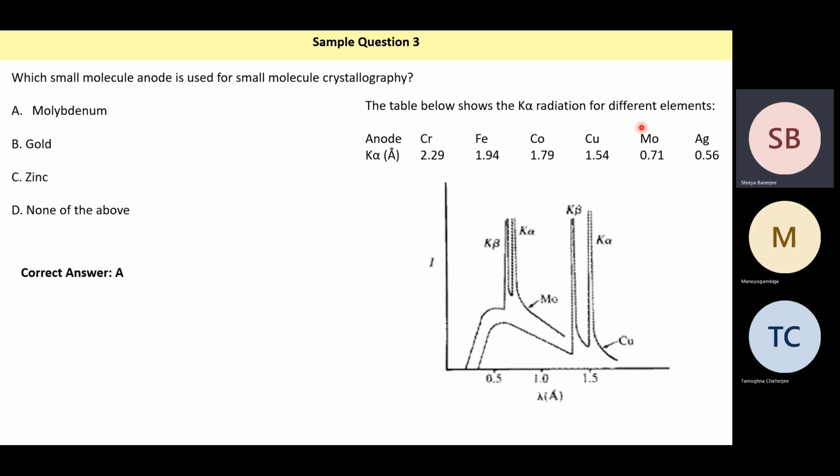But molybdenum, with 0.71 angstrom, is the wavelength of molybdenum K alpha, K beta. If you compare that with copper, molybdenum has a much smaller wavelength, and the small wavelength helps in detecting in small molecule crystallography.